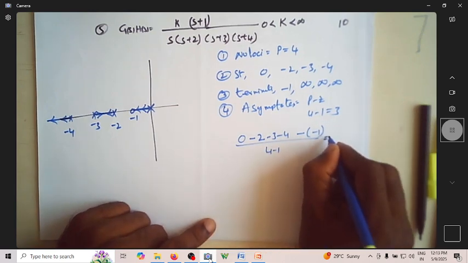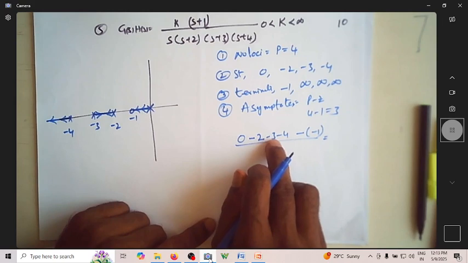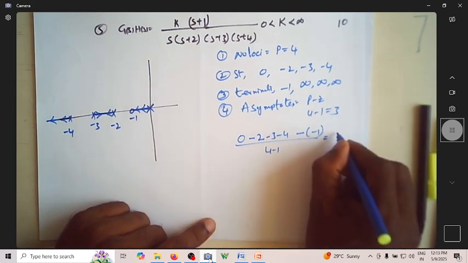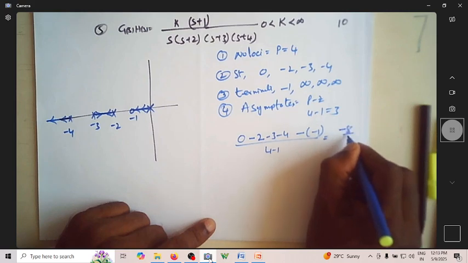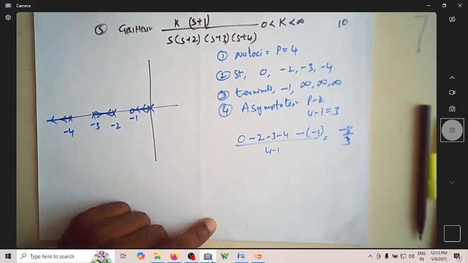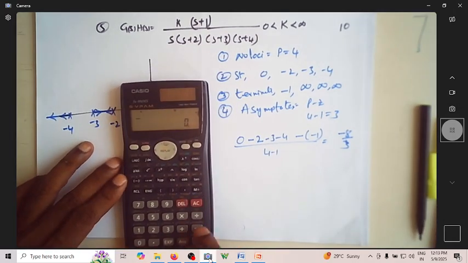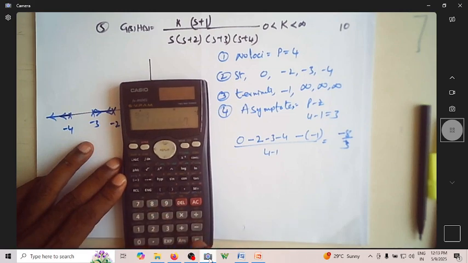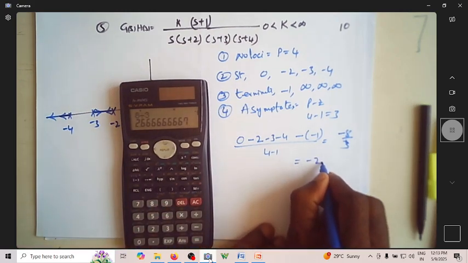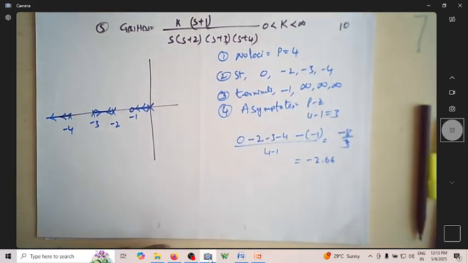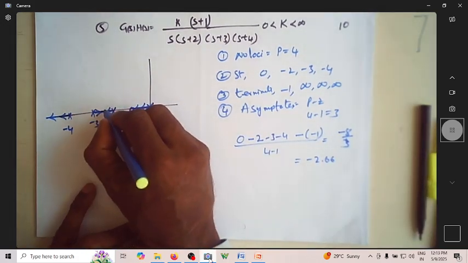So what we have now is -9 plus 1, this is actually -8 by 3. -8 by 3 is the centroid, at -2.66. So the centroid is somewhere here, -2.66.